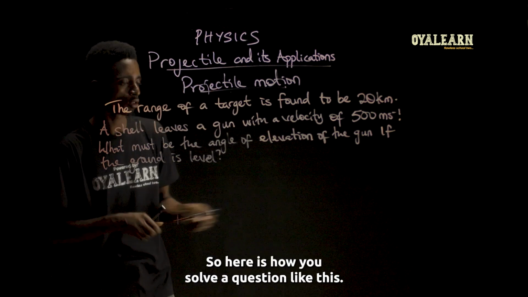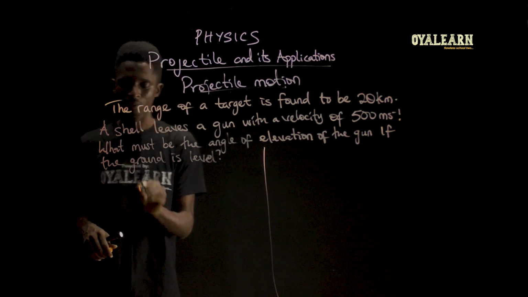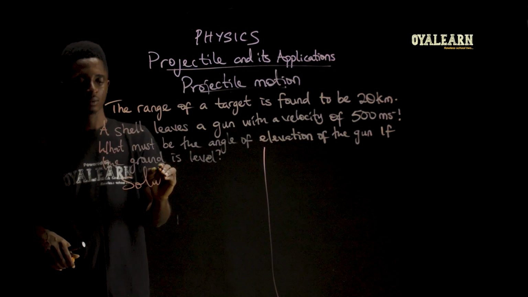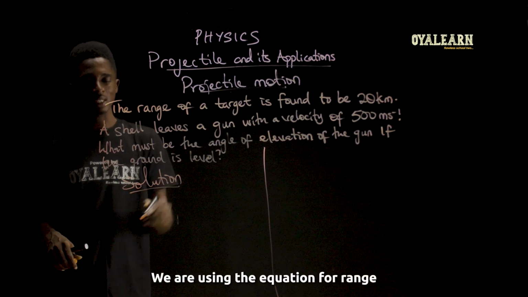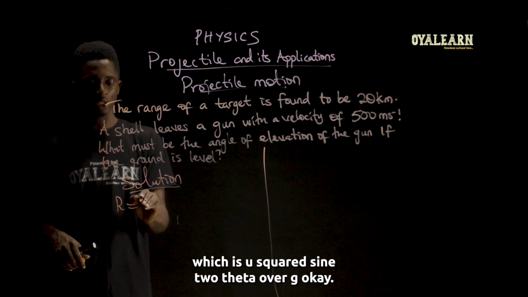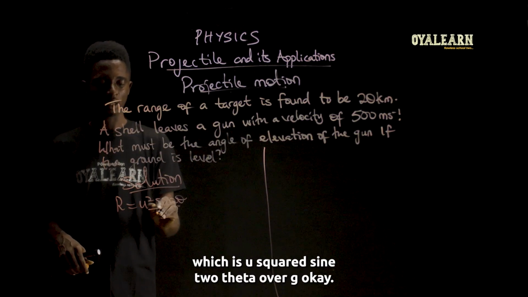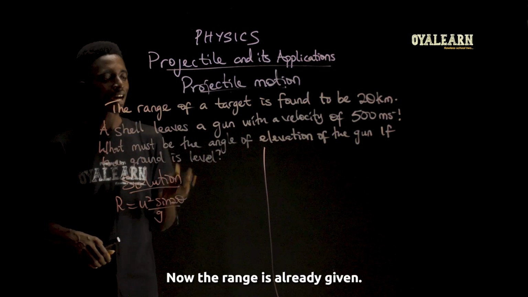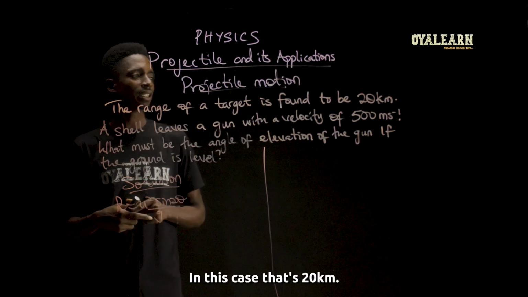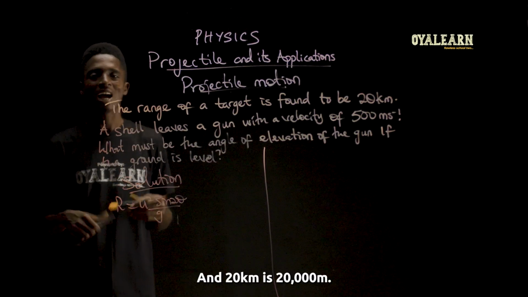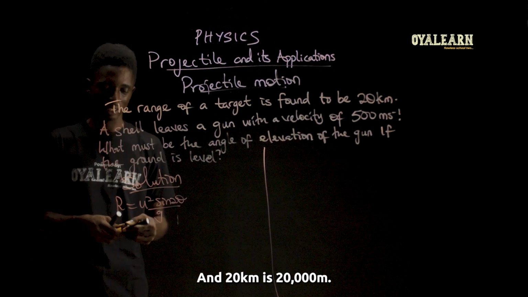Here's how you solve a question like this. We are using the equation for range, which is u squared sine 2 theta over g. Now the range is already given. In this case, that's 20 kilometers, and 20 kilometers is 20,000 meters.